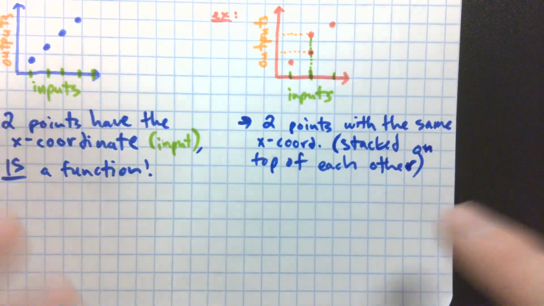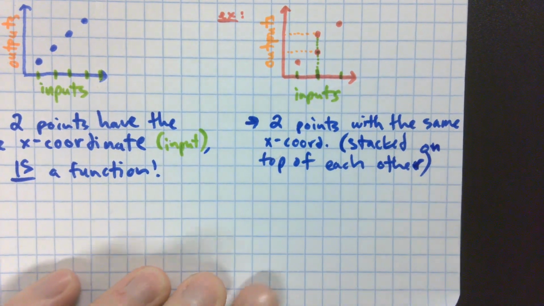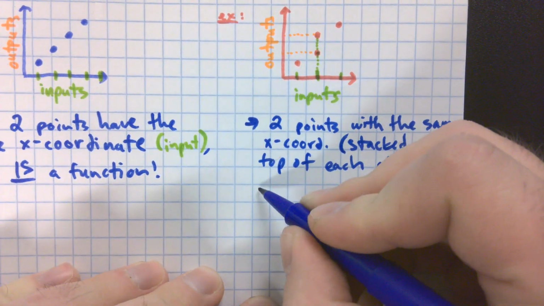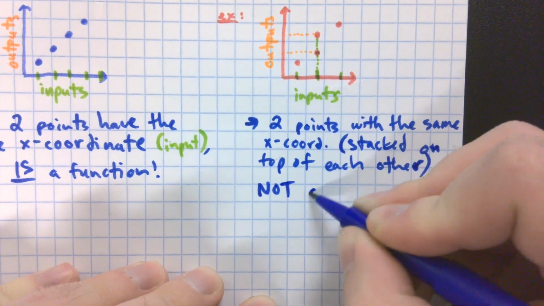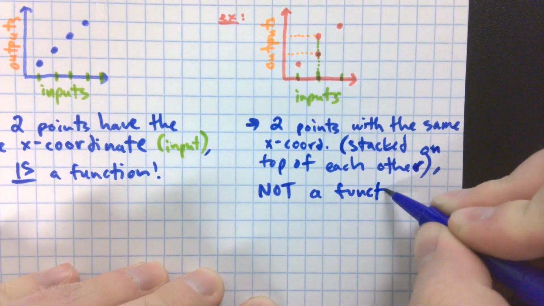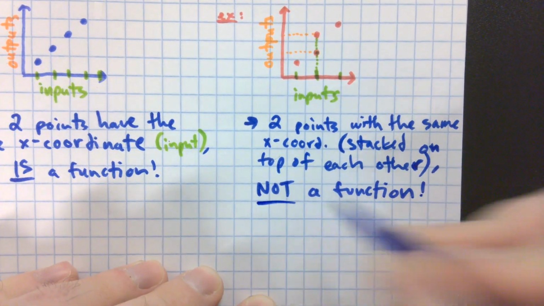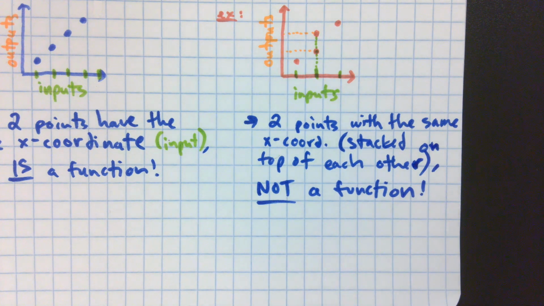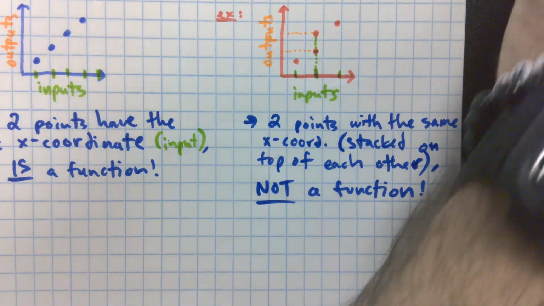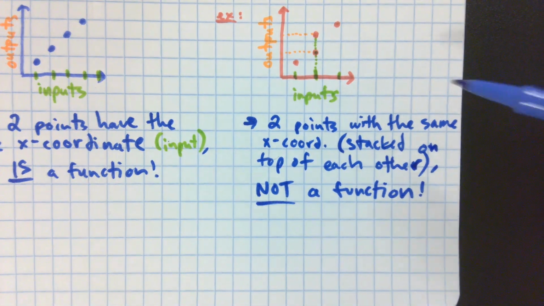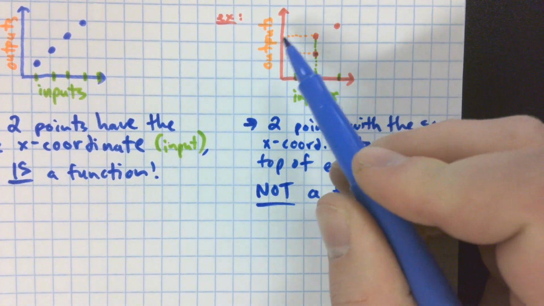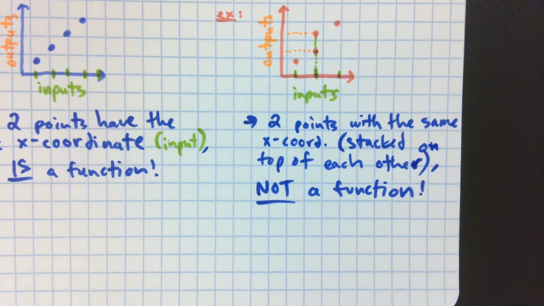We got 2 points that are stacked on top of each other. Whenever we see that on a graph, we know that this is not a function. If you see 2 points stacked on top of each other like that, that means they have the same x coordinate with a different y coordinate, which means it's not a function.